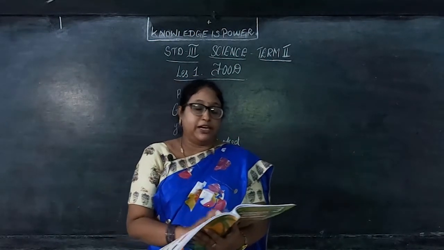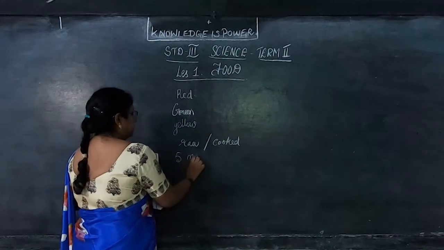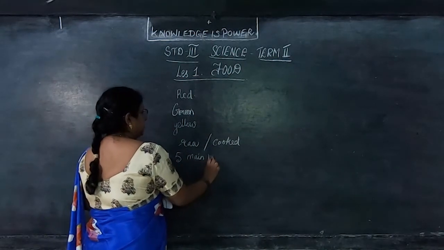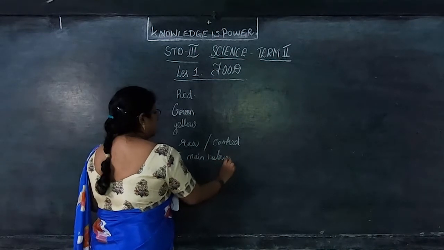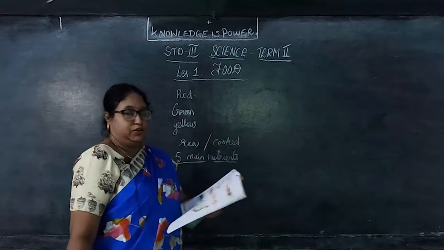There are 5 main nutrients. How many nutrients, children? 5 main nutrients. Okay, how many, children? 5 main nutrients.